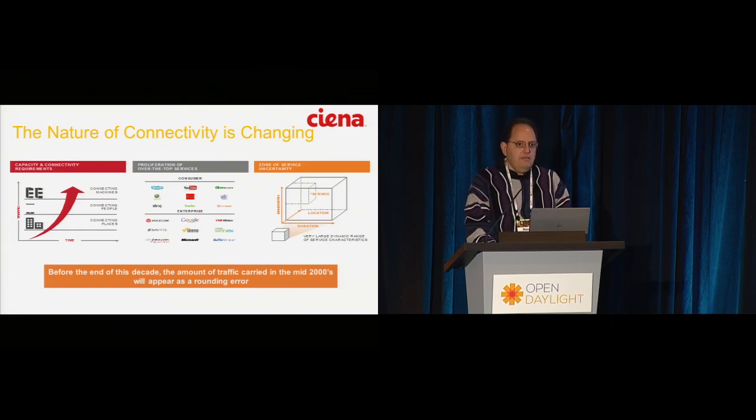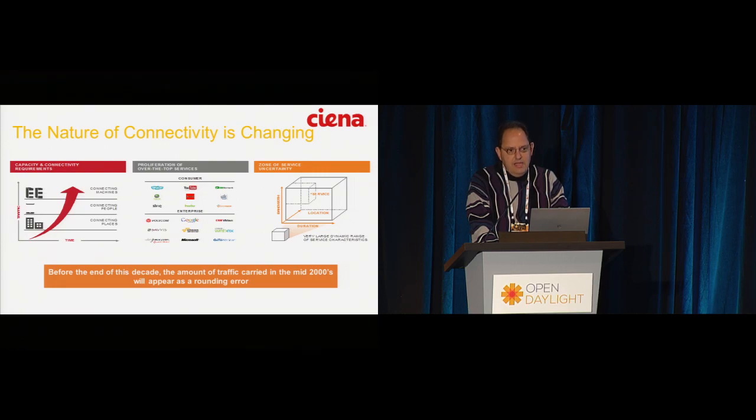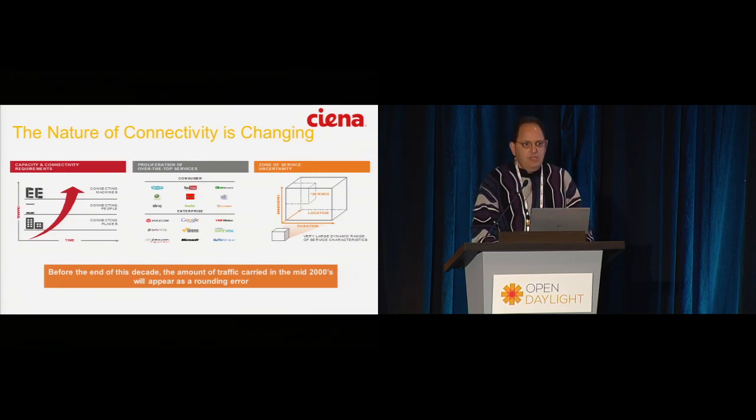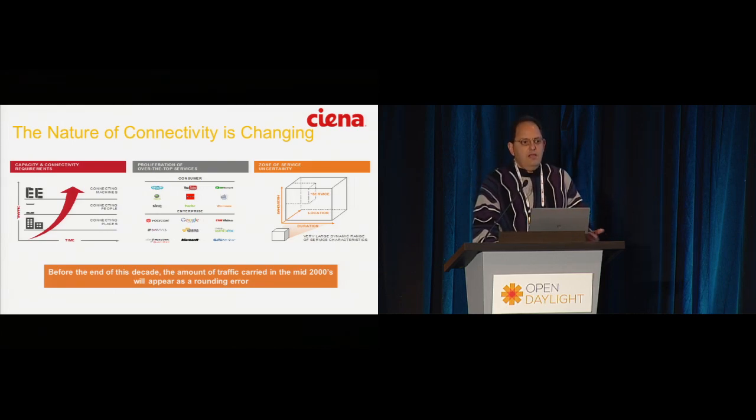A perfect example is looking at the search market, and when we see that YouTube is the #2 search engine at least in North America, which means that instead of looking at YouTube as a source of video, I think the community is looking at it as a search engine, and that means that the amount of video that's being transported is especially in the mobile network just exploding. And the kinds of numbers we're seeing are thousands of percent increase over the last number of years, not hundreds of percent increase.